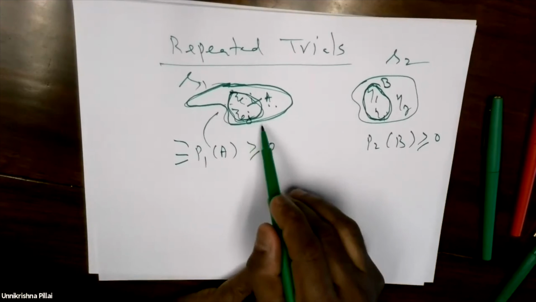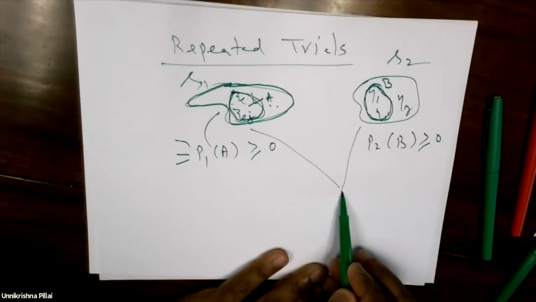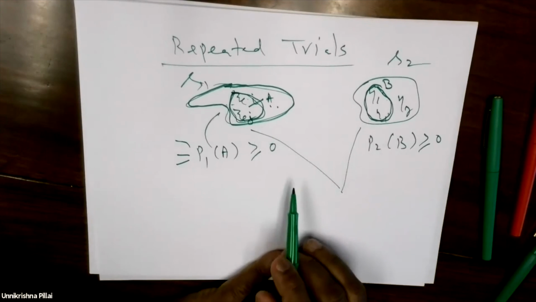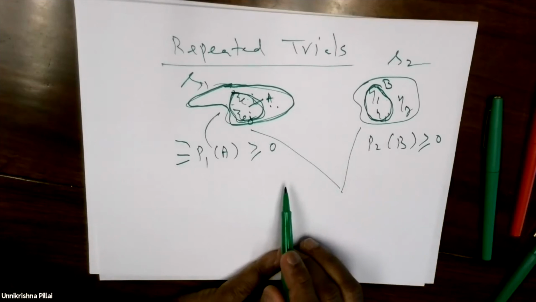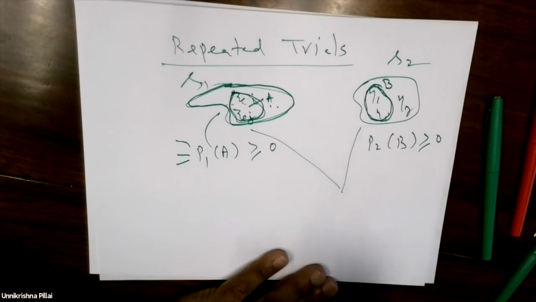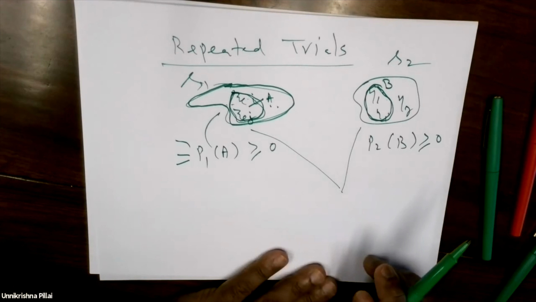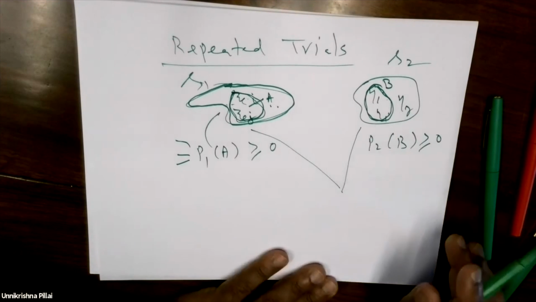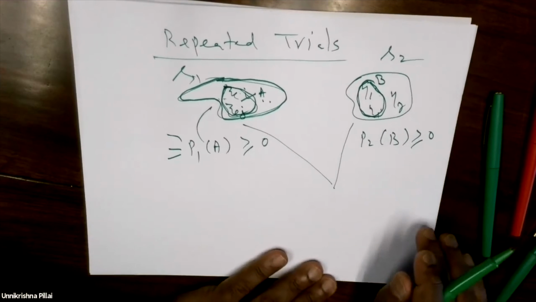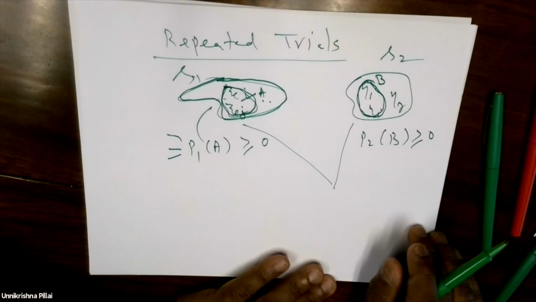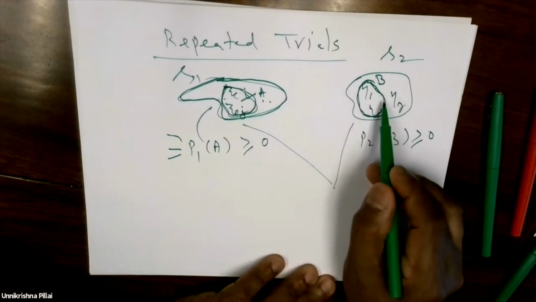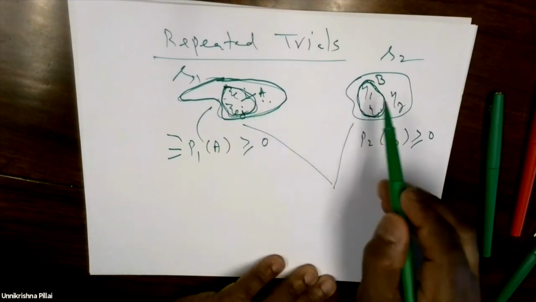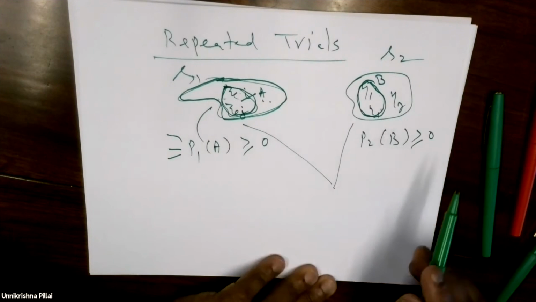Now, what we want to do is, how do you combine these experiments? In other words, if you look at the outcomes of a combined experiment, it could be that we are repeating it, or, as I said, they may be conducted simultaneously, like tossing a coin and tossing a dice, or tossing a coin one after the other.